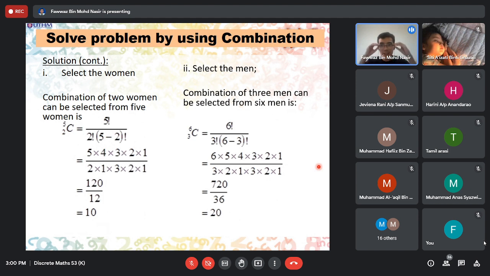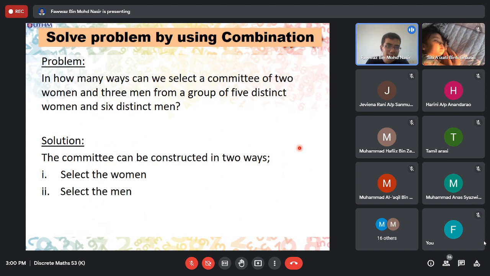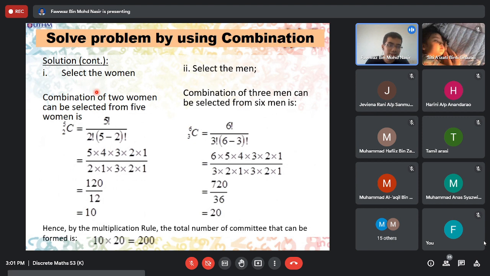Okay, so untuk identify sama ada kita nak pakai product rule or sum rule dalam kes ni, kalau kita tengok balik pada soalan ni kan, dia kata dia nak select 2 women and 3 men. So dekat sini pakai and kan. So since dia pakai and, kita pakai product rule. Okay, so the final answer is 10 times 20, which we will get 200 ways.